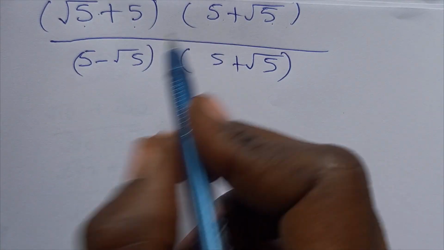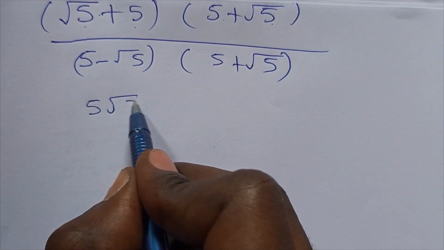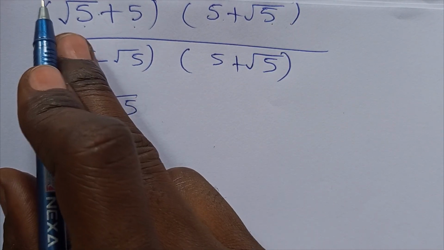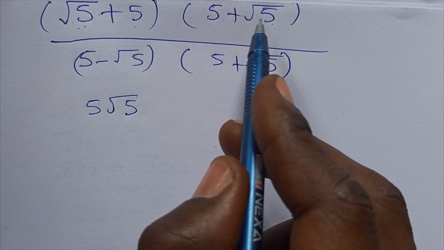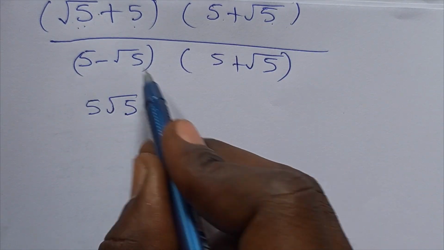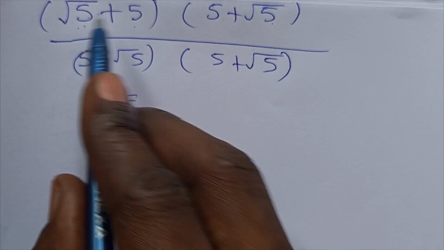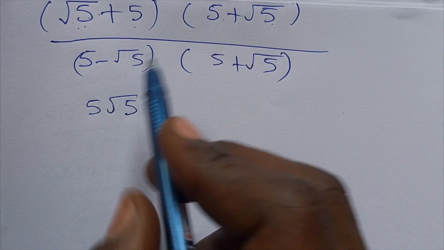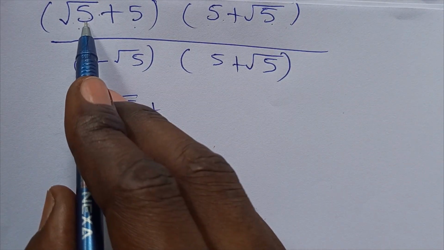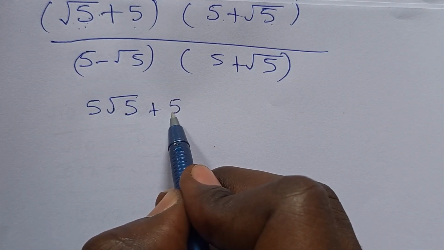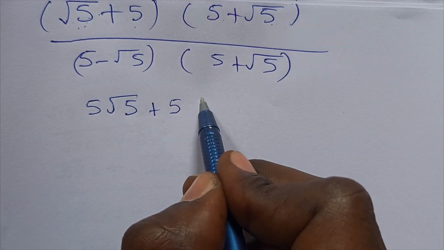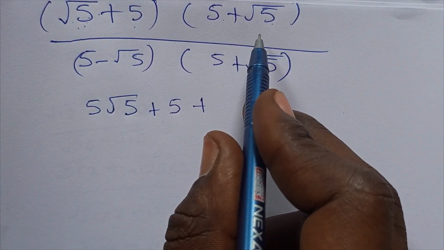So root 5 times 5 is 5 root 5. Root 5 times root 5 is going to be what? 5, right? So now we are done with multiplying all through this bracket.